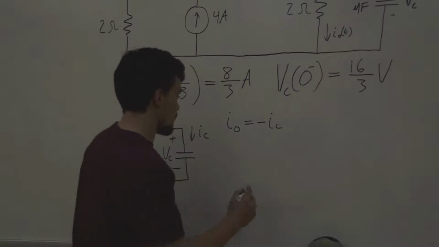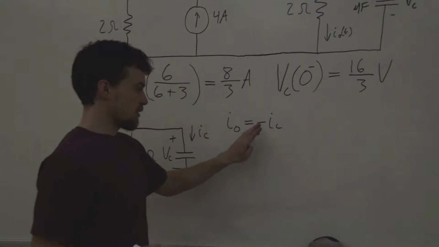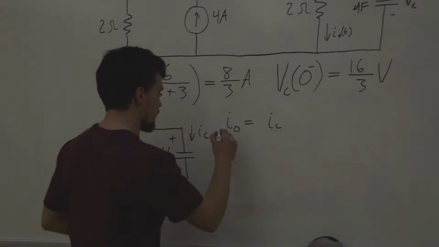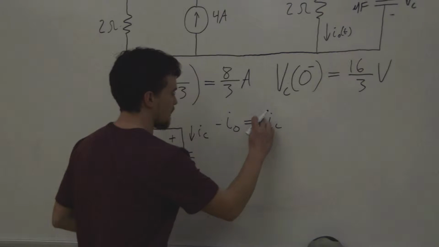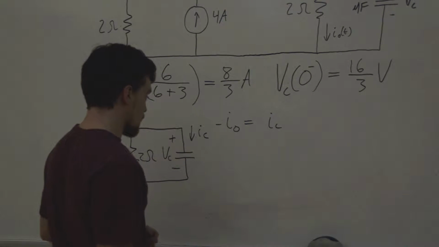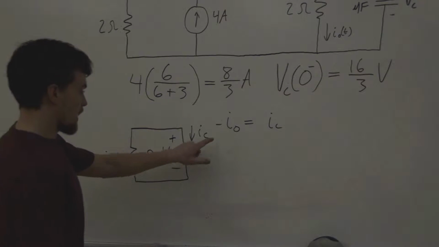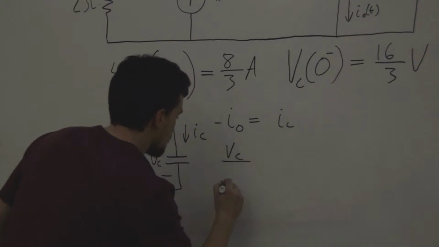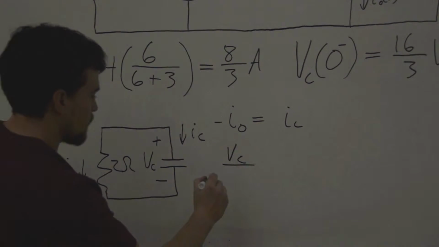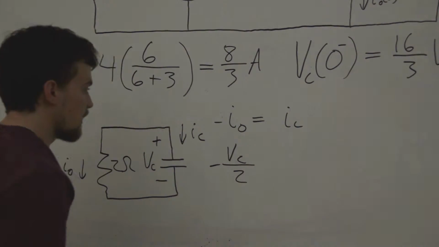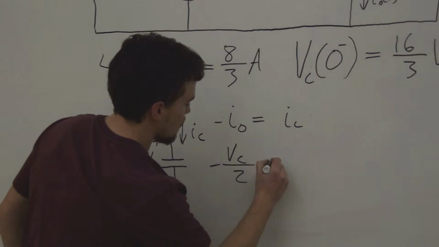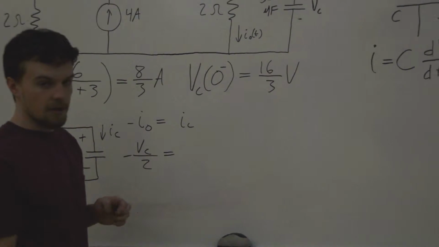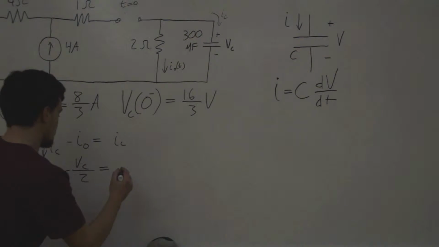So, let's change the position of this negative sign real quick. We're going to multiply both sides by -1 and get that negative I naught is equal to IC. So, negative VC over 2 ohms is going to be equal to the capacitance value, which from this is 300 microfarads.